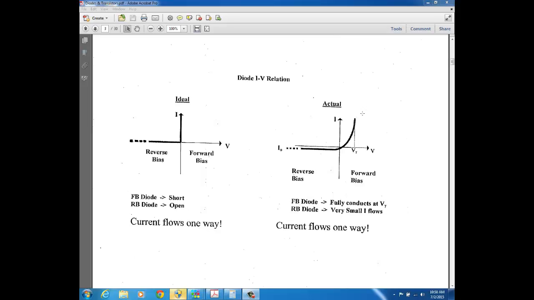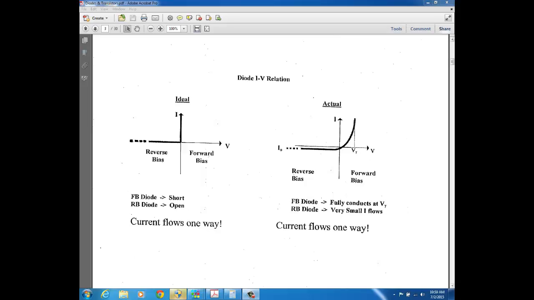Remember from your 201 class that a voltage source has a constant amount of voltage no matter what the current is. And you see in this region here of this plot, that's what the diode is acting like. So that's how we're going to represent an actual diode when it's forward bias. We're going to represent it as a voltage source of value V gamma, the value of the turn on voltage, the forward bias voltage.